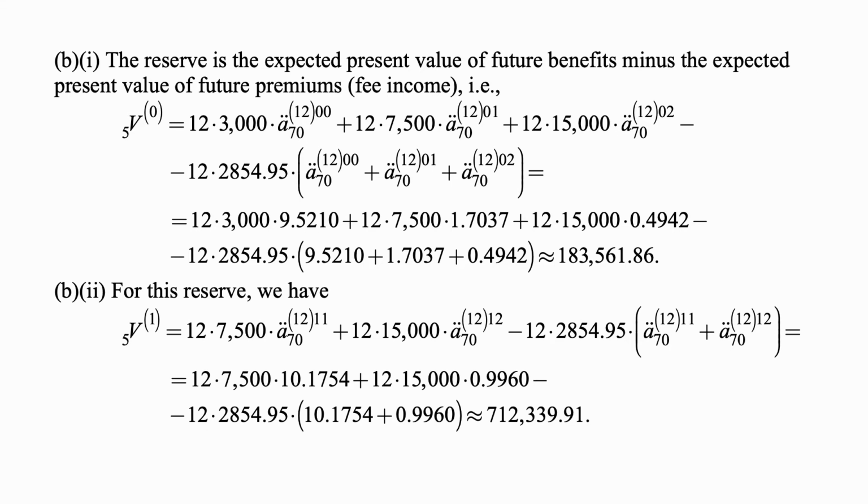For the reserve in state 1, we have the reserve equal to 12 times 7,500 times A70^11, referring to starting in state 1 and being paid while in state 1, plus 12 times 15,000 times A70^1212, minus 12 times 2,854.95 times the sum of 2 annuities this time, the one starting in state 1 and paid while in state 1, and the one starting in state 1 and paid while in state 2.